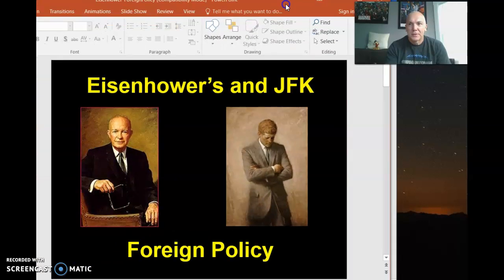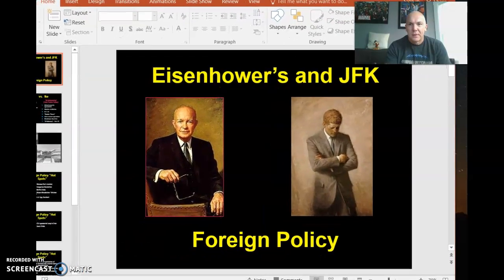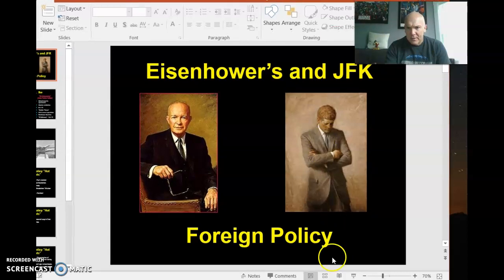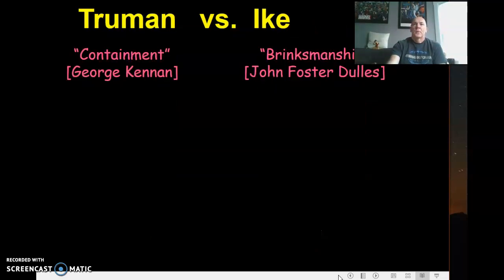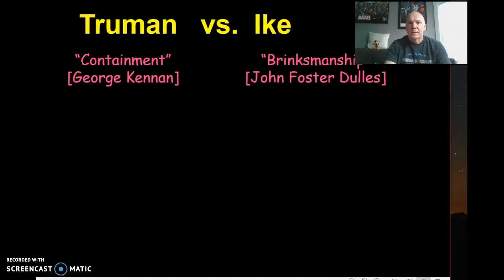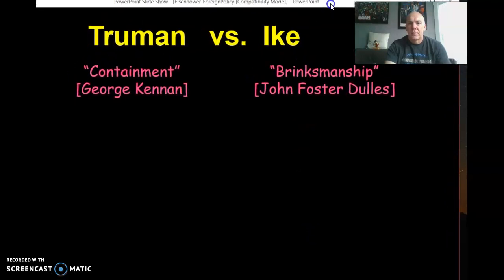Let me pull this over and we'll look at JFK and Eisenhower's foreign policy. So we see a shift in American foreign policy from Truman to Eisenhower.